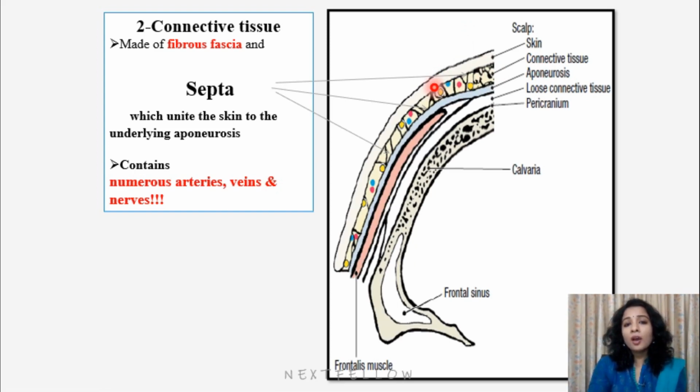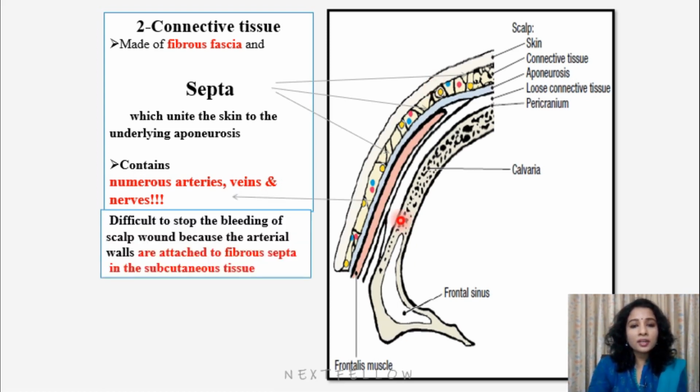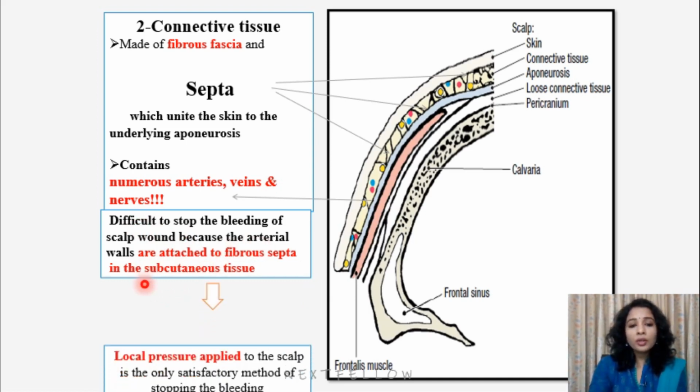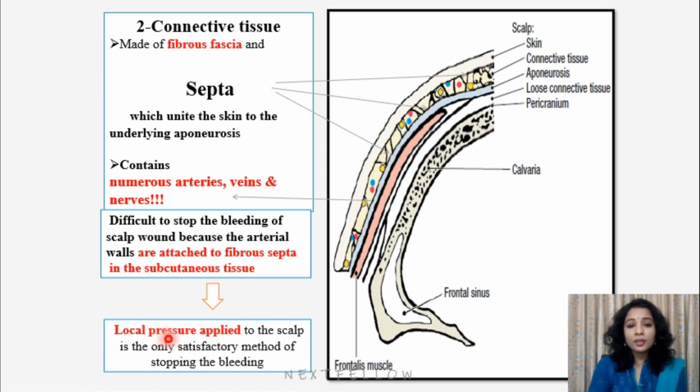The bleeding, however, can be stopped by pressing against the underlying bone. It contains numerous arteries and veins, and it is difficult to stop bleeding because the blood vessels are attached to the fibrous septa of subcutaneous tissue. The only satisfactory method to stop bleeding is applying local pressure to the scalp.